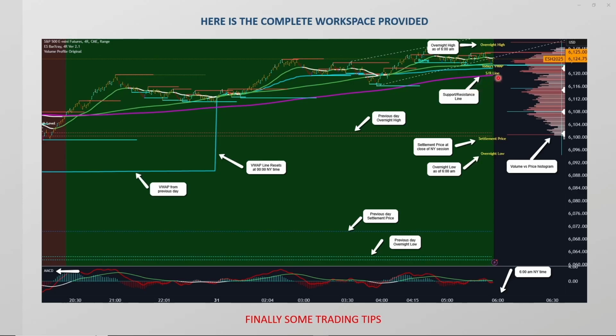Similarly, the support and resistance line, shown here in magenta color, will also show all the time, and to the right you'll have it identified by the words SR line. You'll have also today's VWAP identified, the overnight high, the overnight low, and the settlement price will also show all the time.